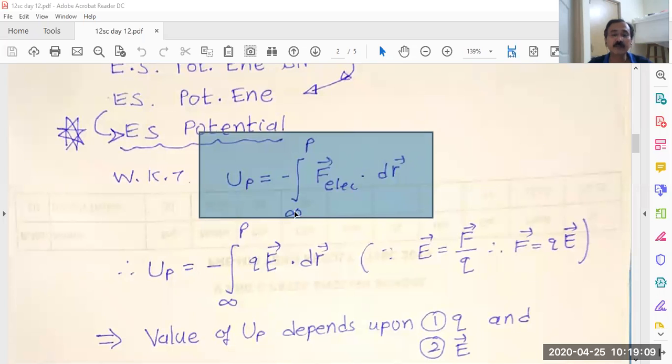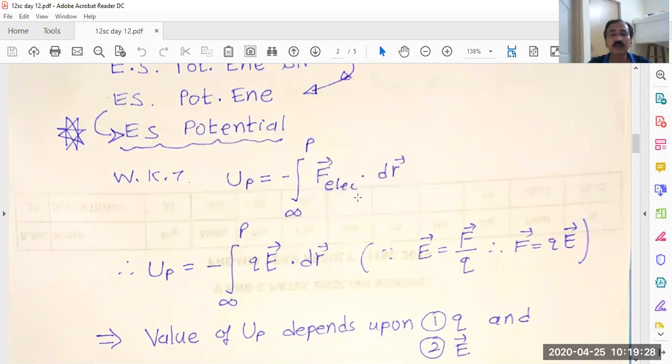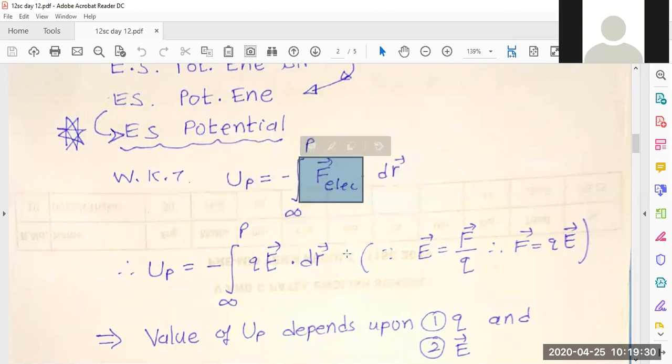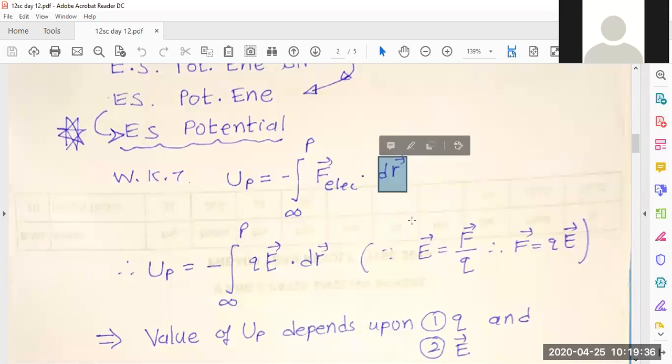What are you doing? You are bringing charge Q from infinity to point P. What is this? Force, electric force, and dr is small displacement.